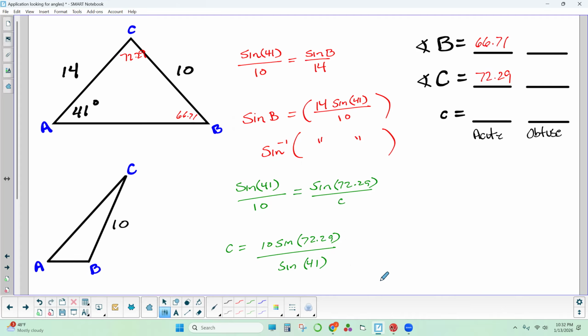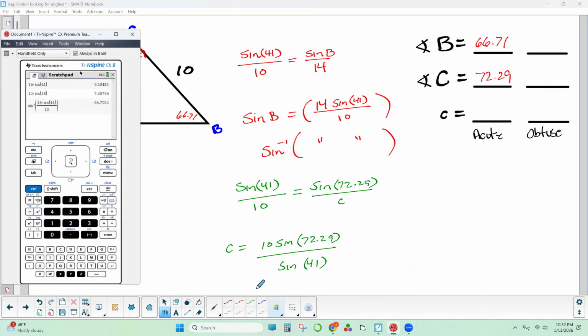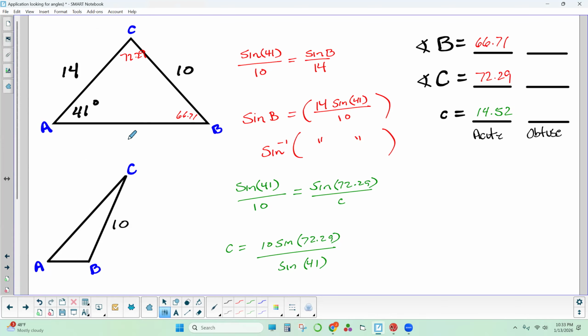All right, so let's put that in our calculator. And we're going to go 10 times sine of 72.29 degrees divided by sine of 41 degrees. Make sure you type everything in correctly. 14.52. And that is our missing side.